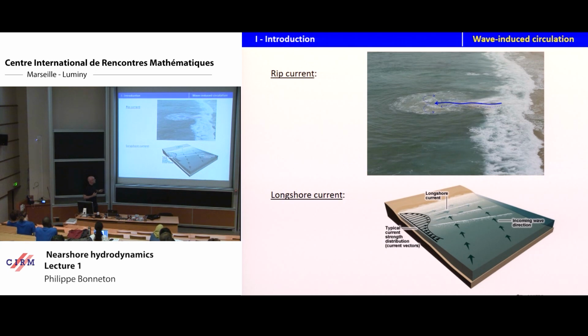So a current in this direction. And this current is very important because it plays a significant role in sediment transport along the beach. So in terms of morphodynamic evolution of the coast, this current plays really a significant role.